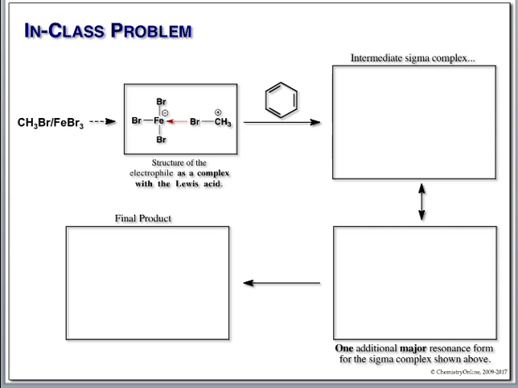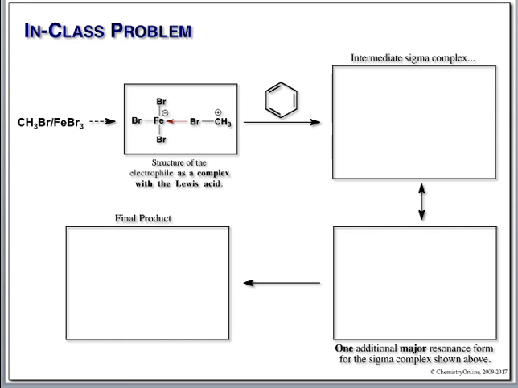The actual electrophile is going to be this methyl carbocation. Now, it doesn't exist as a methyl carbocation. That's too unstable. But this complex puts a lot of positive character here, and it acts as if it was a methyl carbocation.